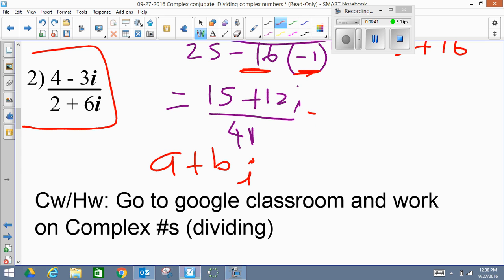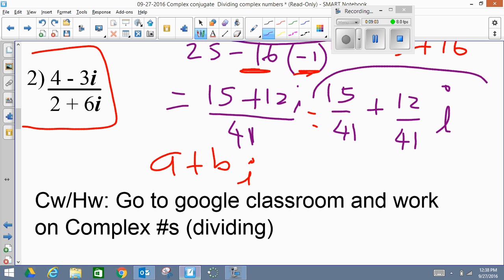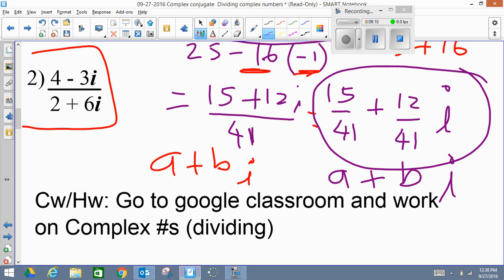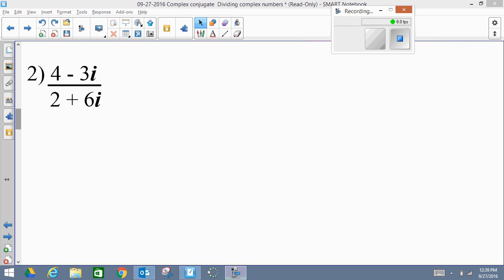That means whenever I have a fraction, I need to break it into two little fractions. So I'm going to do 15 over 41 plus, from the top, 12 over 41, and my i will be at the end. And that's my final answer. Just notation wise, I have to organize it like this, a plus bi. I'm going to do one more problem and we move on.